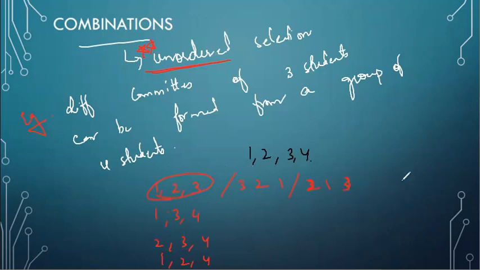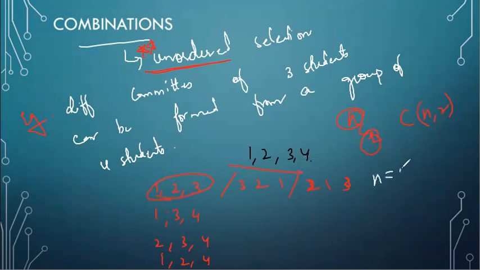Now when we want to do this using a formula, we can write it as NCR, where C is the combination, or it can also be written as C of N comma R, where N is the total number of objects and R is the number of selections that you're making. So over here, the total number of objects was 4.